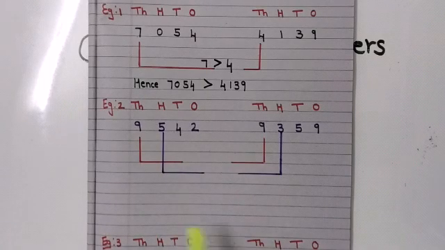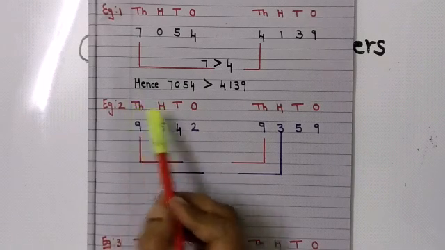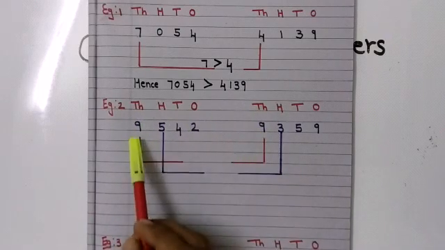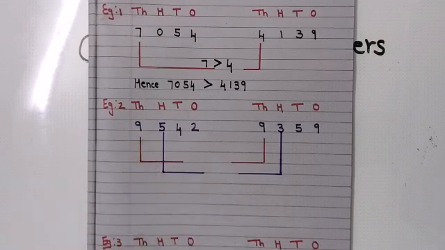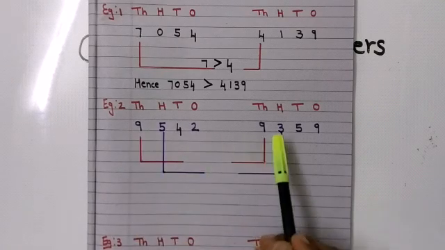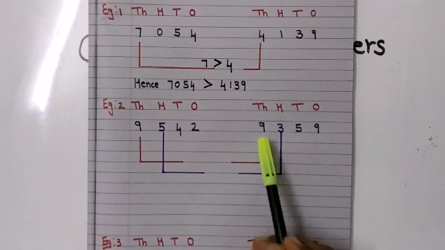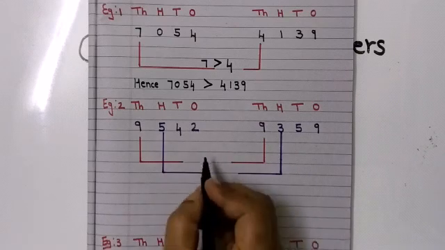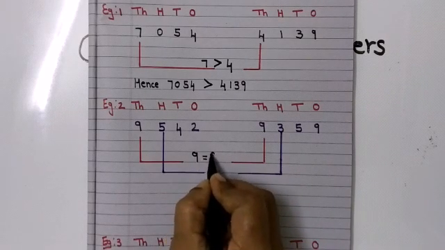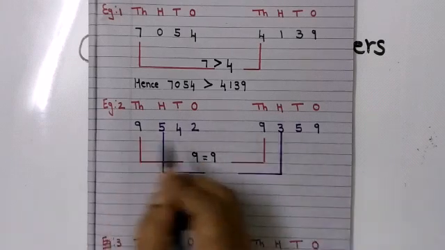When we are comparing, we start from the highest place. So the highest place over here is the thousands place. Now children, if you see here in the thousands place we have 9. Here also we have 9. Correct? So what will I write? I will say 9 is equal to 9 because the thousands place is equal.